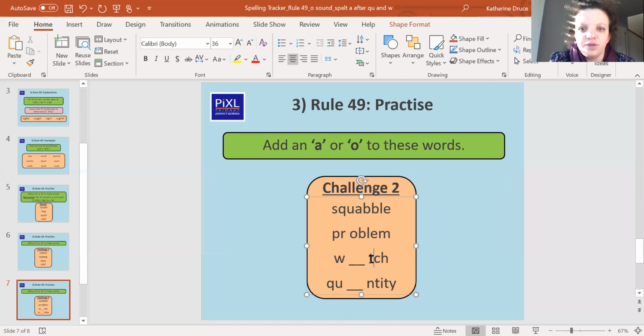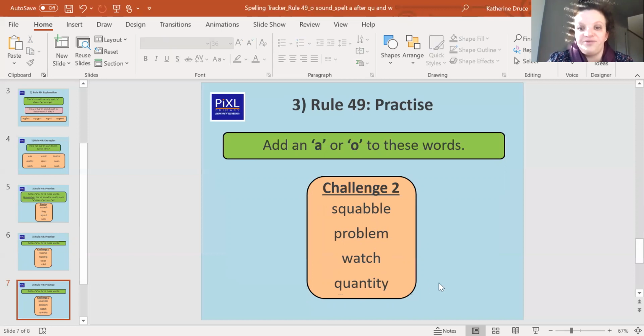We're just going to put an O. Watch. It follows my W, so it's going to be an A. And quantity, my QU is there, so it's following the QU, so I'm going to put an A. If you've got all of those right, absolutely fantastic. Well done. Give yourself a round of applause.